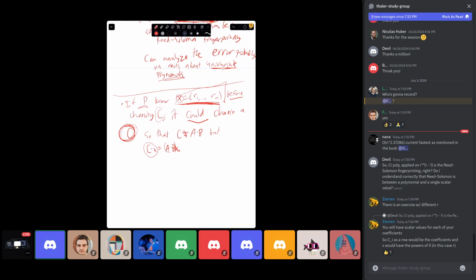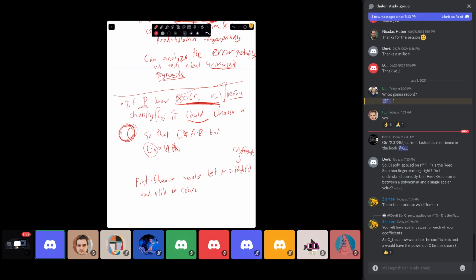And so we won't talk about Fiat-Shamir in detail for probably a month or something. But it's this magical thing that would let X actually be a cryptographic hash of C. To be clear, this is a cryptographic hash like SHA or something, and still be secure.